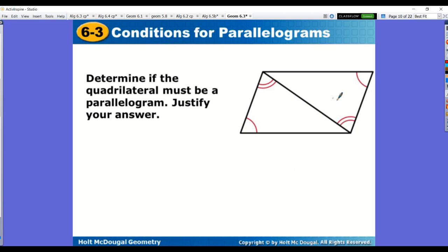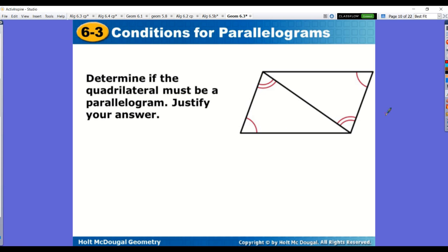This one is a case where we got to use some other information. So we got to think of another theorem that we could use that would help us determine that this is a parallelogram. I don't expect you to know these things right away. It'll take some thought to figure out what to use.